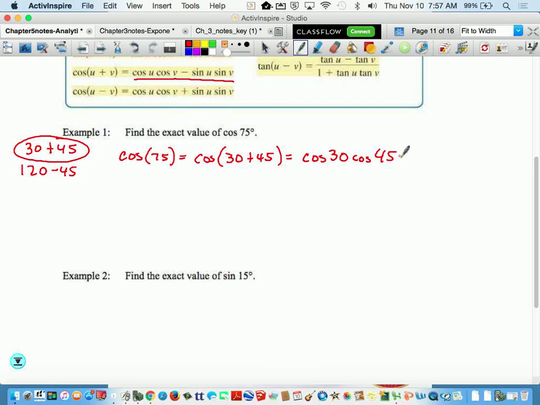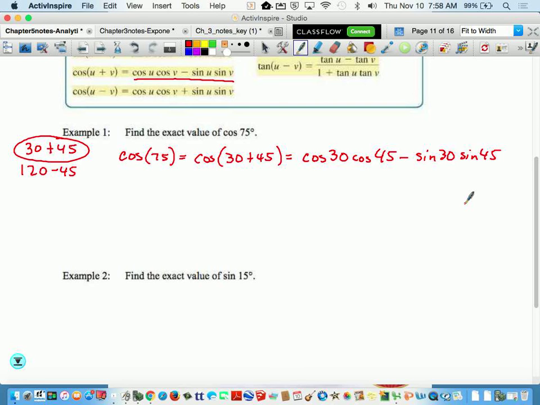So then you subtract, and now you do sine of the first angle, sine of the second angle. So basically you've named 30 the U and 45 the V. But now these are numbers that you can quickly find on the unit circle.